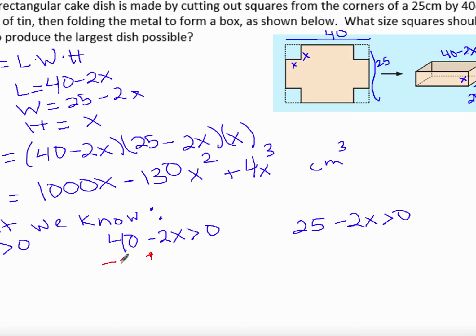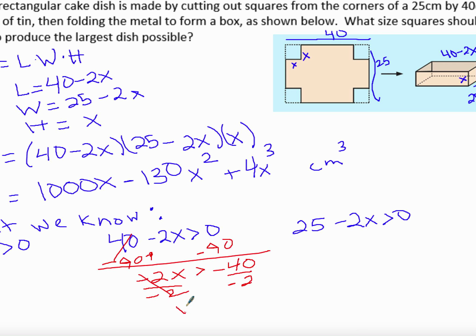well, let's subtract 40 from both sides. I get negative 2x is greater than negative 40. I'll divide by negative 2. This is going to flip my inequality symbol, and I get that x has to be less than 20. Over here, I'm going to subtract 25.